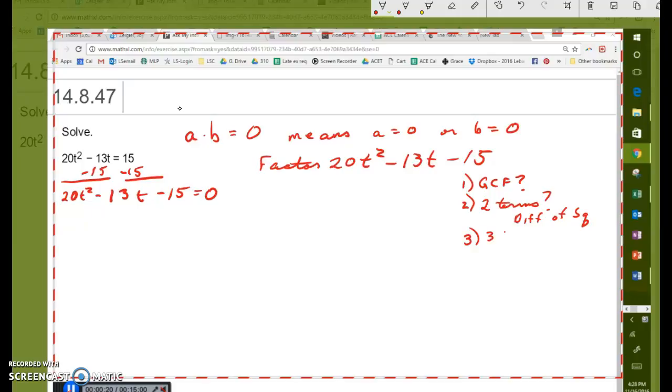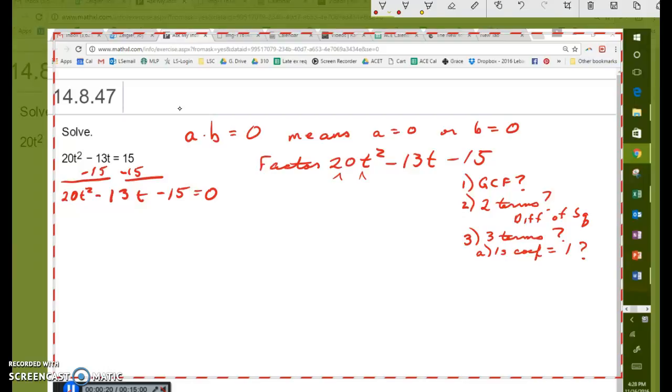Next you ask, is it three terms? And yes, one term is 20t squared, one term is negative 13t, and one term is negative 15. Okay, if it's three terms, then you have to ask, is the coefficient of the squared term equal to 1? In other words, here's the squared term and here's the coefficient.